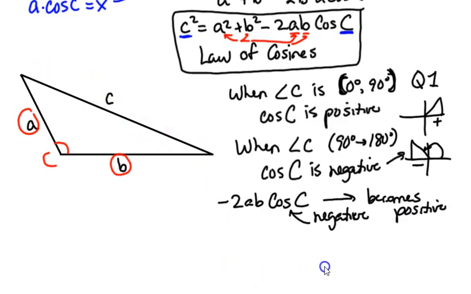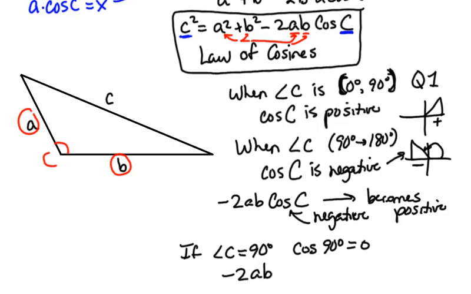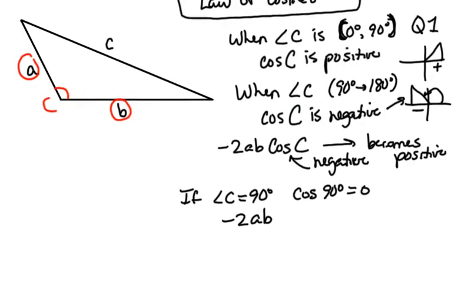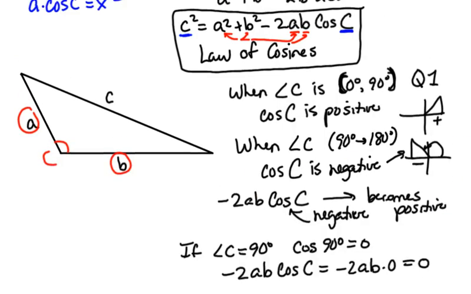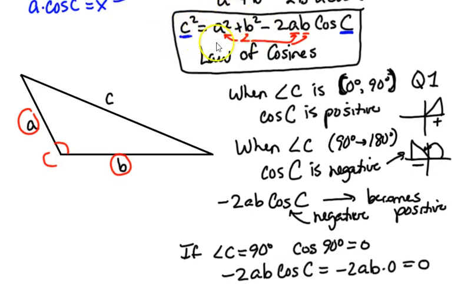And then if angle C is equal to 90, cosine of 90 is equal to 0. So negative 2AB cosine of C is equal to negative 2AB times 0, so it's 0. And that means that the law of cosines then just becomes the Pythagorean theorem.